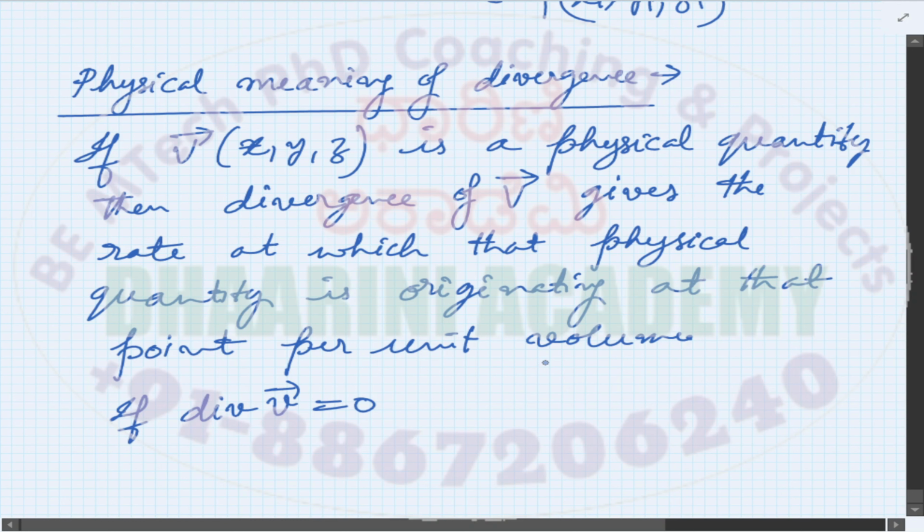It's not changing at all. This implies the vector v is called a solenoidal vector.